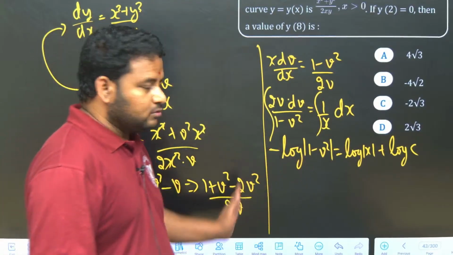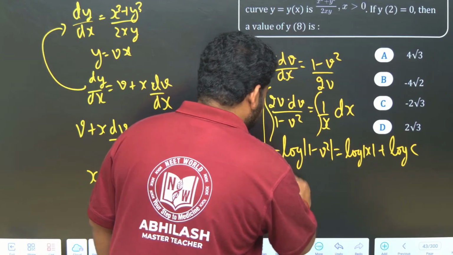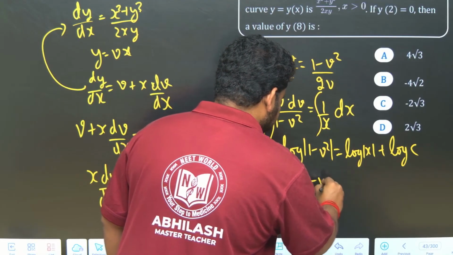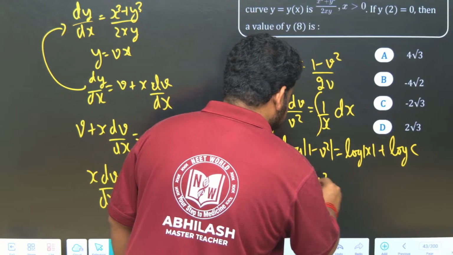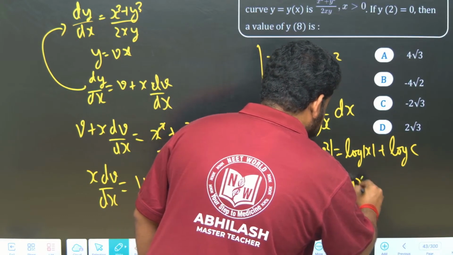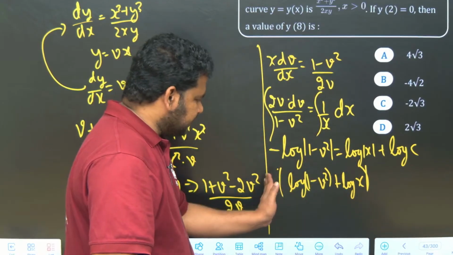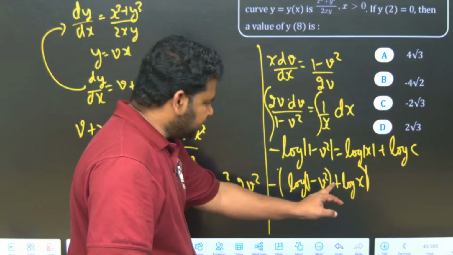Now if I bring it to the RHS, I will get −log(1 − v²) = log x + log c. I have taken the minus outside, because if it comes to this side it will become minus again. So minus I have taken common, and for this also minus will be there.